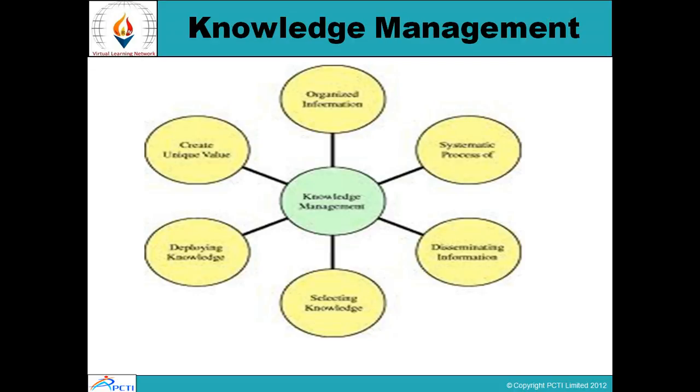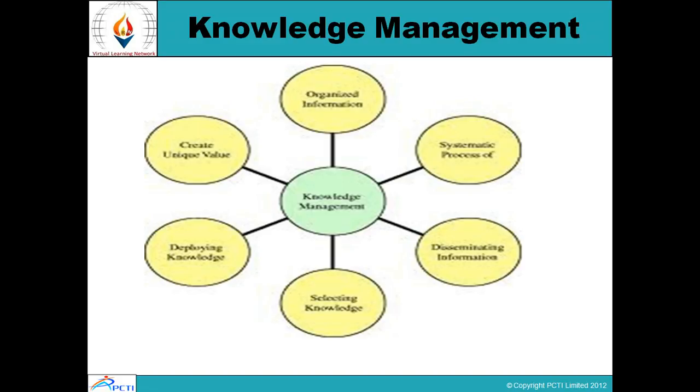When we talk about knowledge management, knowledge management is basically called organized information. And organized information in the form of a systematic process of knowledge management involves the dissemination or distribution of information. Before distributing any sort of information, we have to select the knowledge base.